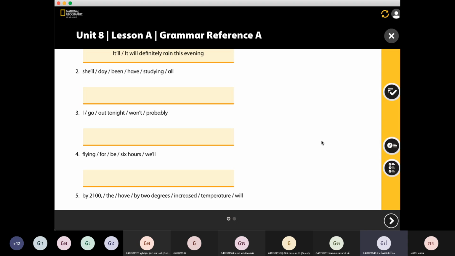Number two: she will have been studying all day. Okay, she'll have been studying all day.